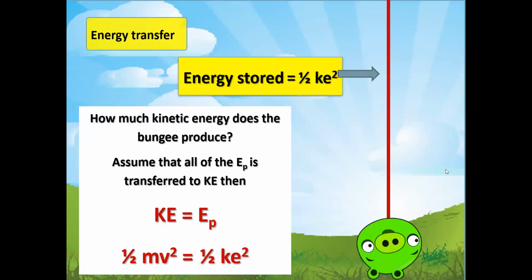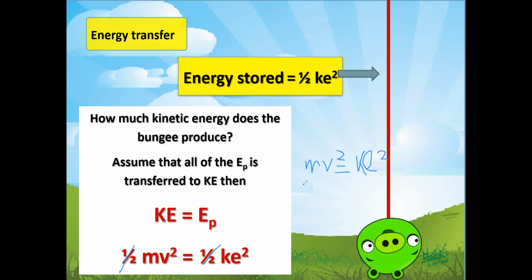Okay, let me explain a bit further. This cancels out this. So you have mv squared equals ke squared.